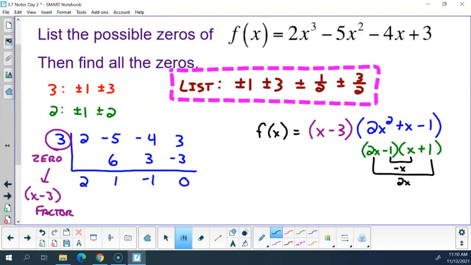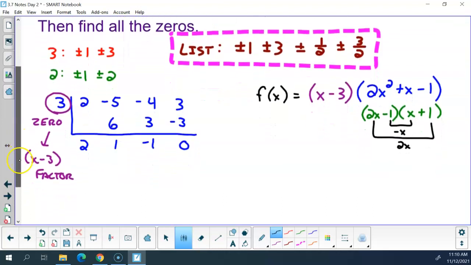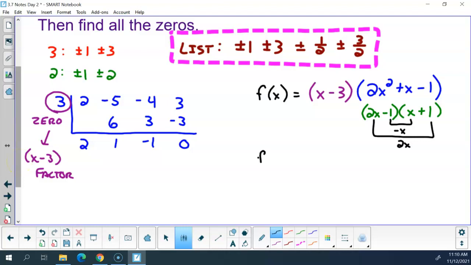Those two combine to be positive x, yes? 2x times x is 2x squared. -1 times positive 1 is -1. So, yep, I would agree with that. That's going to mean that f of x is now x minus 3, 2x minus 1, and x plus 1. Yes? Now what?